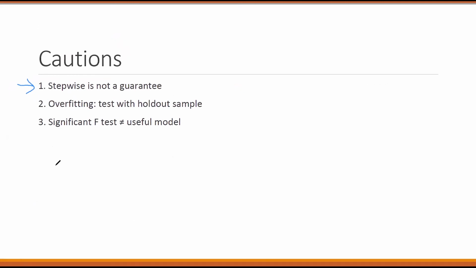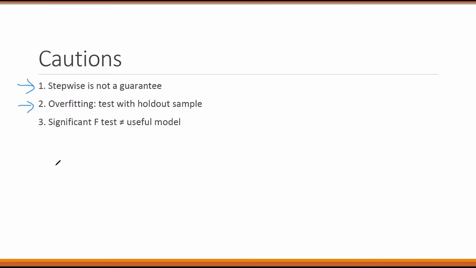The second potential problem with stepwise is sometimes there could be overfitting. This means you pick the model that fits your data very well, but it may not do a good job when you forecast.